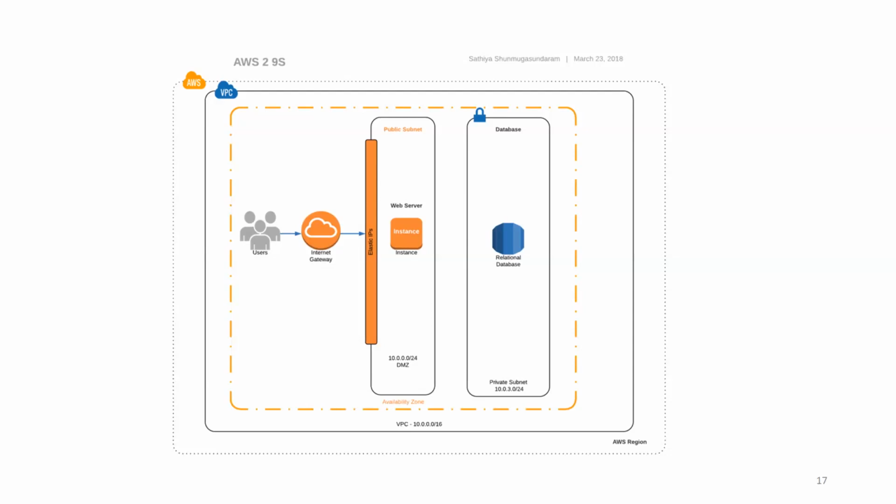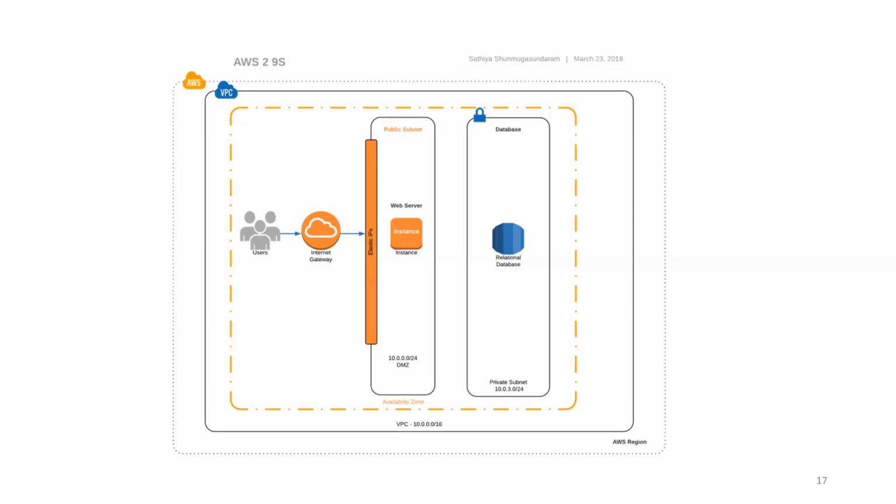Why? Where is redundancy? There is no redundancy. How many servers are there? Only one. With one server, will you be able to get high availability? No. Even though you are in AWS, in a region, in a VPC, in an availability zone, if you have only one server, there is no high availability. The architecture is waste.